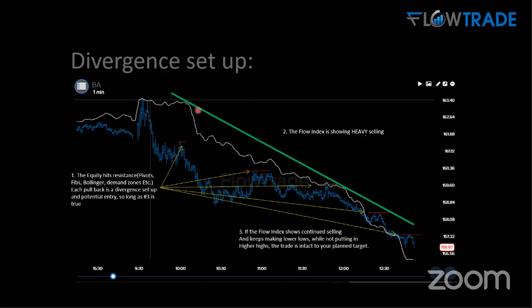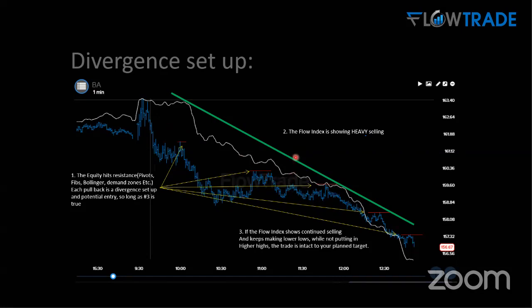So the flow index is obviously this white line here, and this is what's being calculated as all those trades are coming throughout the day. And as long as it's showing that heavy selling, well, then we can continue to look for downside movement on this. This was BA from, I want to say it was last week. Really nice trade.